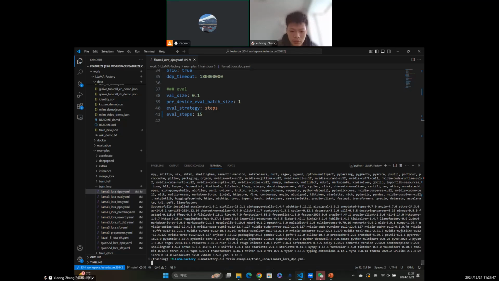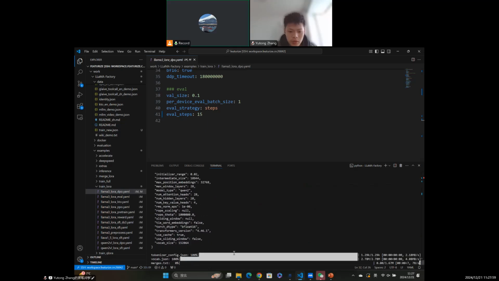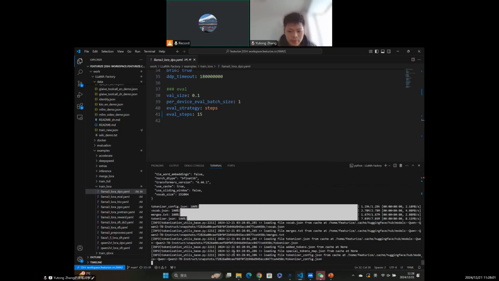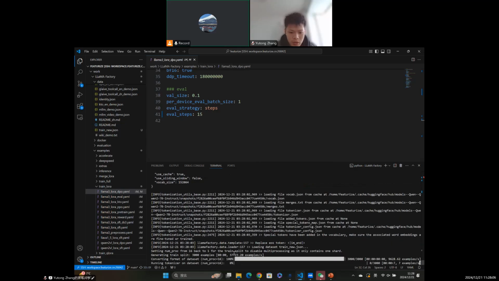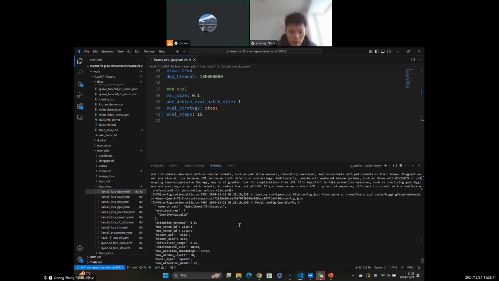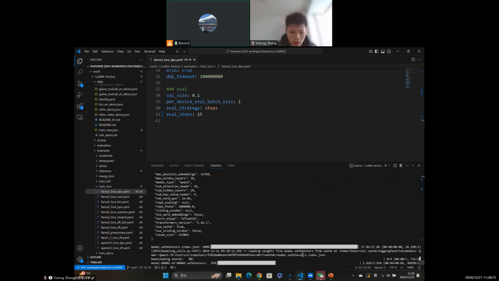Here we can see how the training process goes on. It's downloading the model from the web. Now it's converting the format of the dataset and running the tokenizer. That shows an example of the label, and it continues downloading the model and loading the model weights.